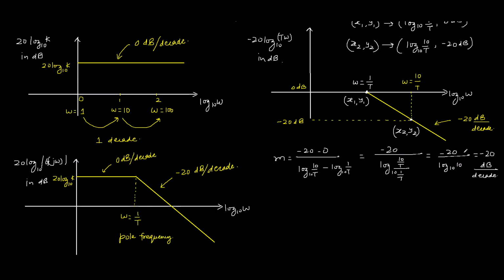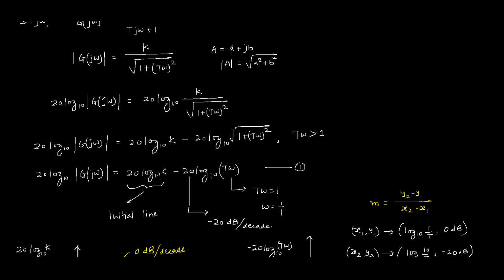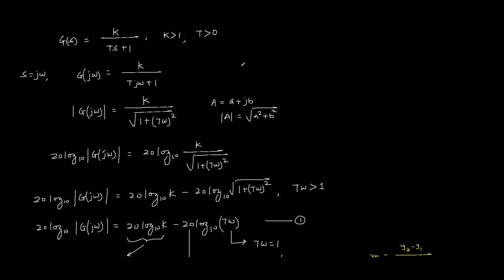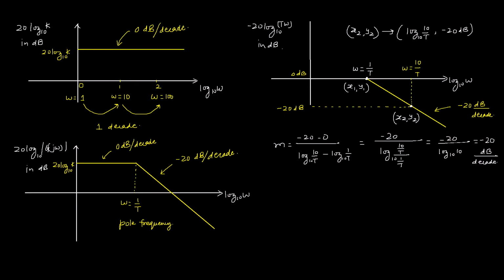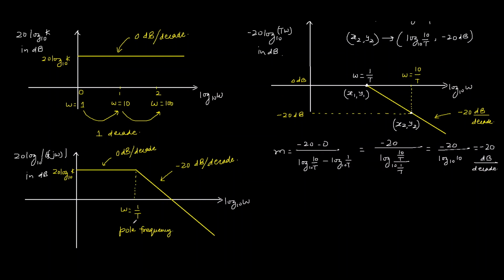Because in the transfer function we have pole at s equal to minus 1 by t. So 1 by t is basically pole frequency. So at pole frequency, the slope of Bode plot is changing. That's why this non-zero pole frequency is called corner frequency.